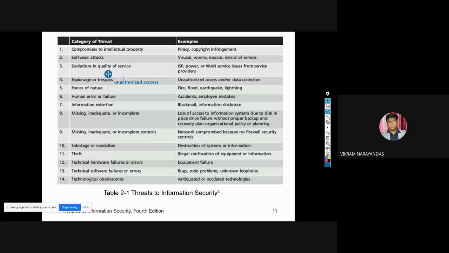What happens with this espionage or trespass? When an unauthorized individual gains some access to your organization's information, or is trying to, that act is characterized as a deliberate act of espionage or trespass here.